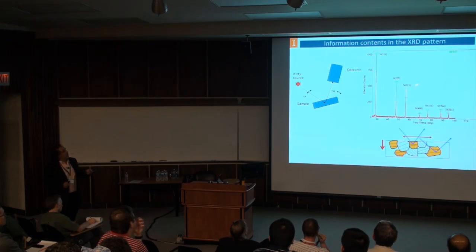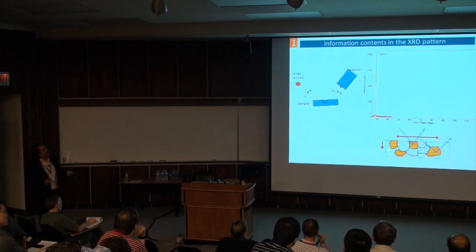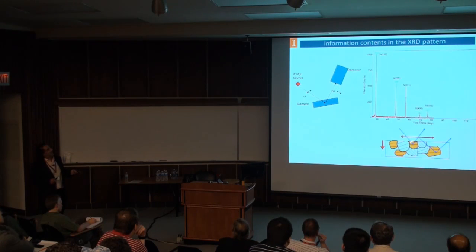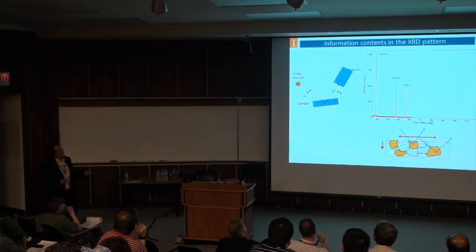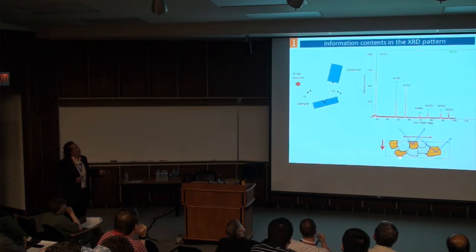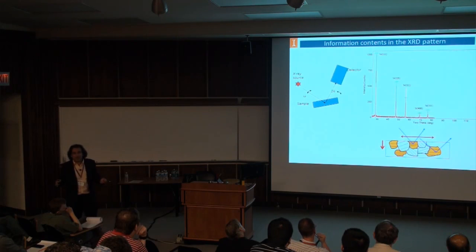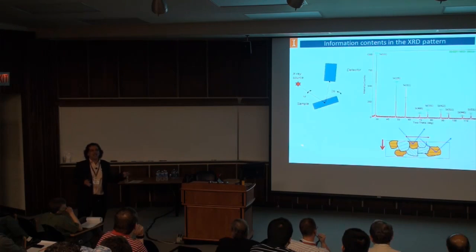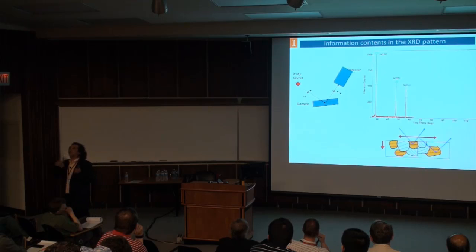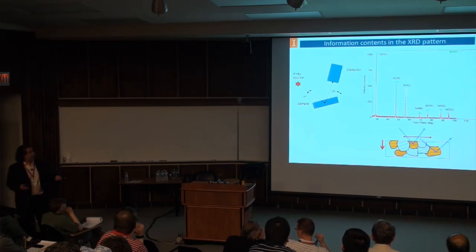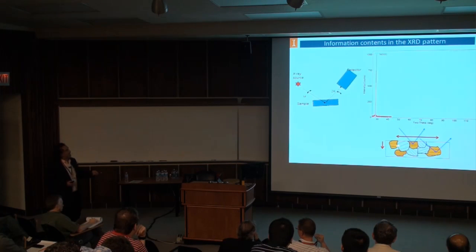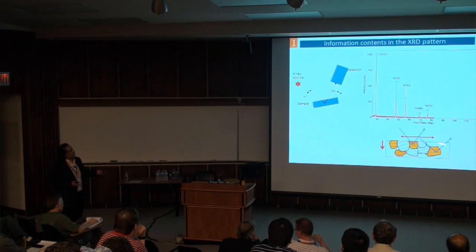Notice this: because I just said that 2 theta omega scans only probe planes that are perpendicular to the scattering vector, and this is parallel to the surface, I'm only detecting the orange ones. Look at the planes there. The tilted ones, I'm not seeing them. If I want to see them, I have to make sure my sample is random enough so that these guys that I'm missing will be rotated down in the sample and show up there. So that's the limit of the technique.